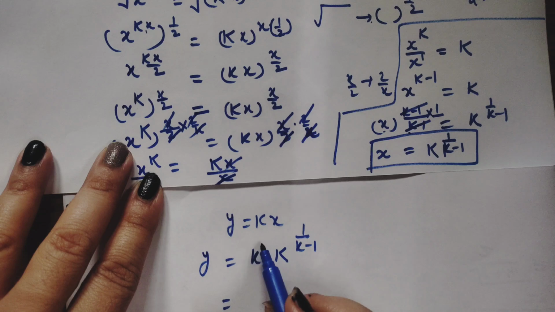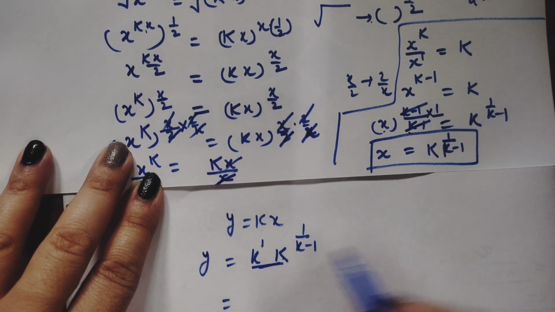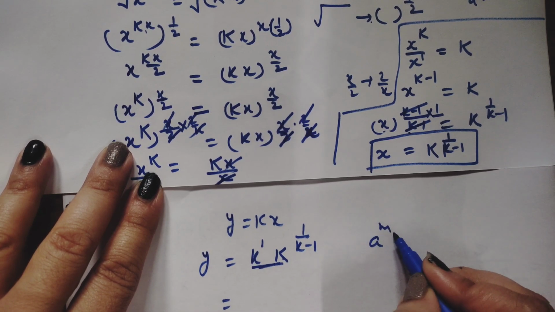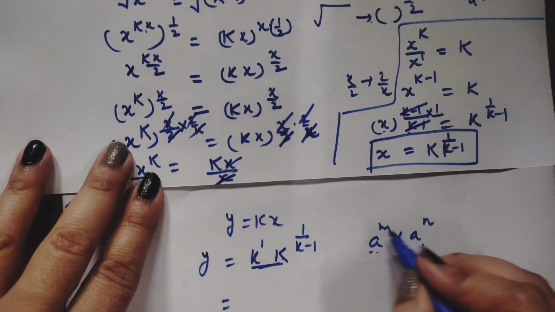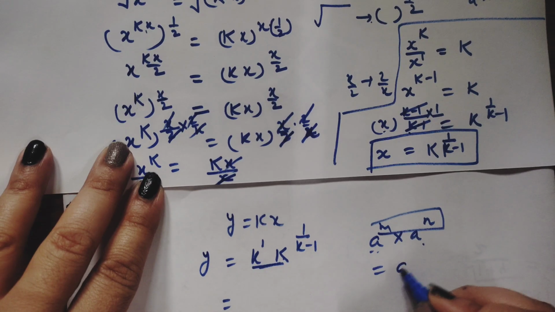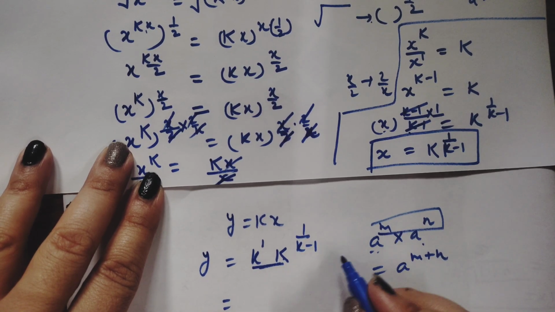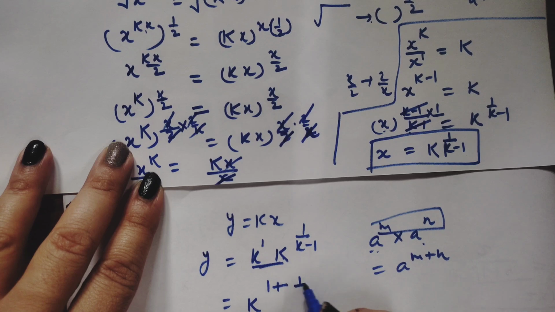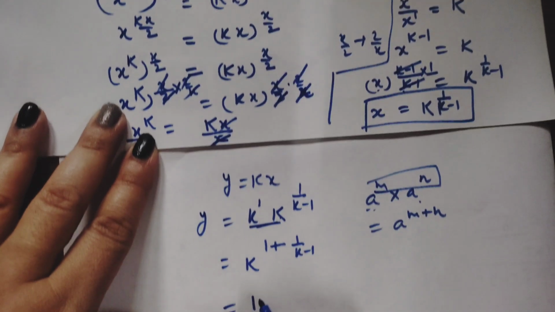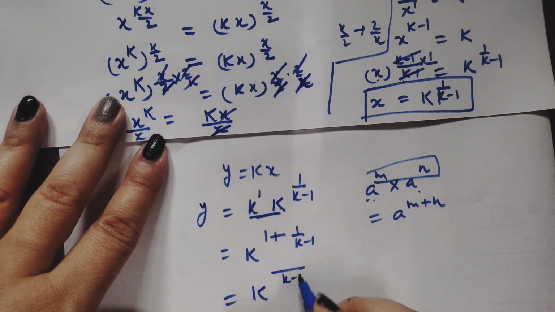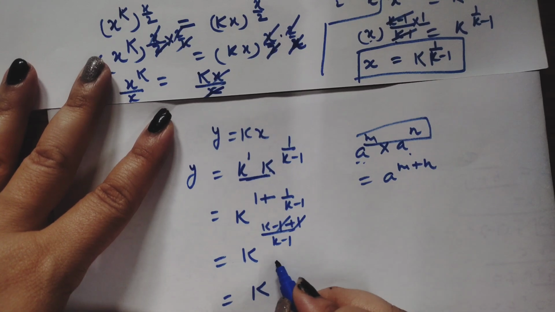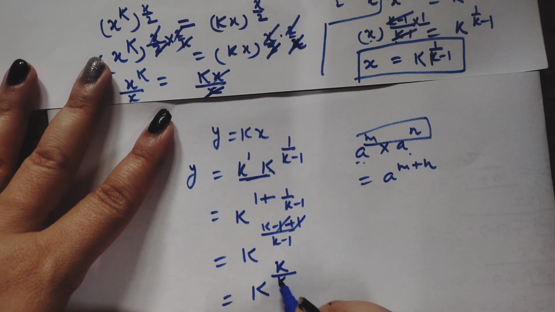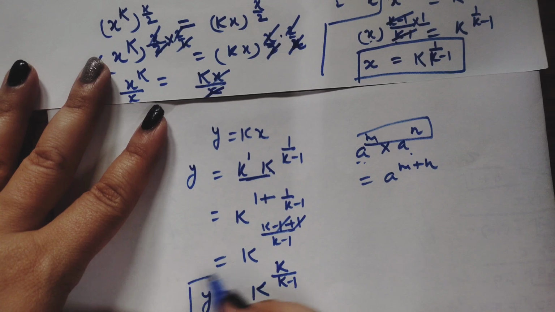If the bases are the same, the powers should be added according to the law of exponents, so the power is 1 plus 1 upon k minus 1. Taking the LCM k minus 1, we get k minus 1 plus 1, the 1s cancel out, so y equals k raised to the power k upon k minus 1. This is our y value.